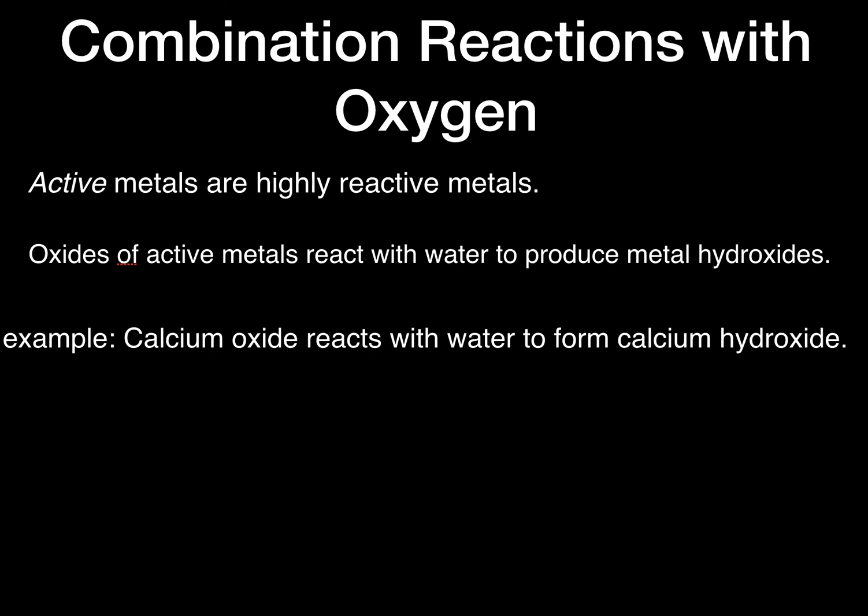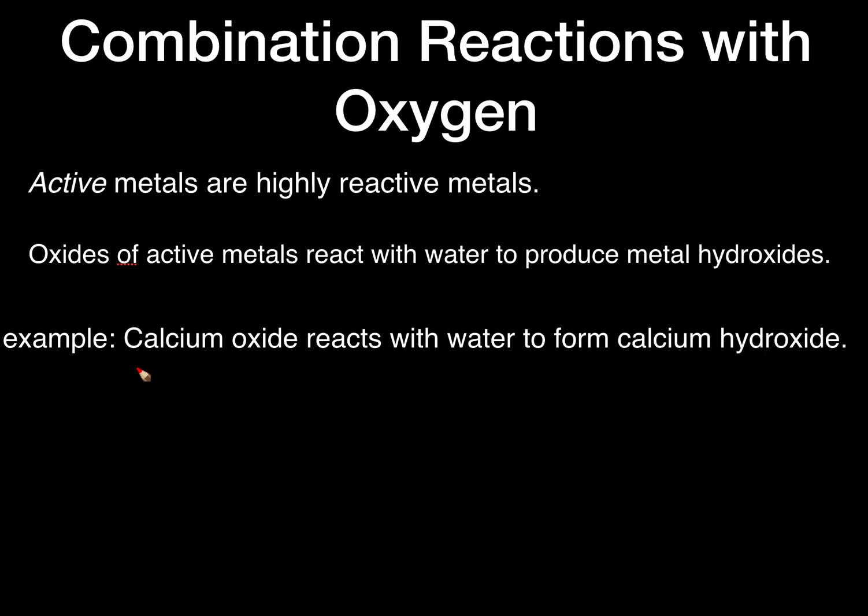So, active metals are highly reactive metals. Oxides of active metals react with water to produce metal hydroxide. As an example, we're given the word equation, and we're going to make the skeleton equation and balance it. It says calcium oxide reacts with water to form calcium hydroxide.